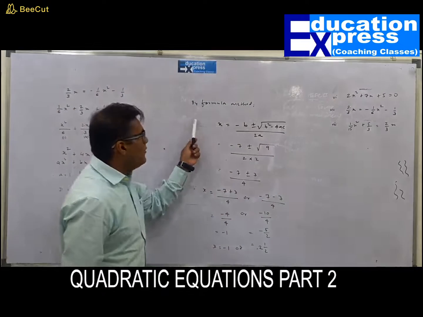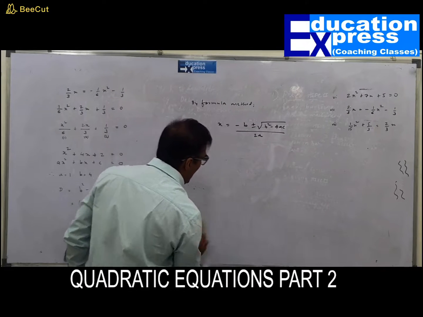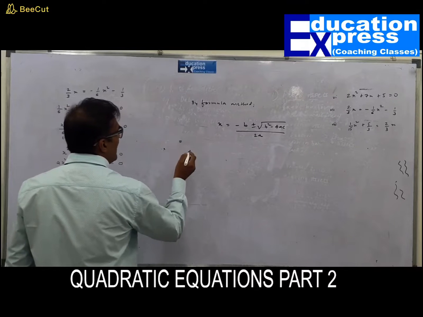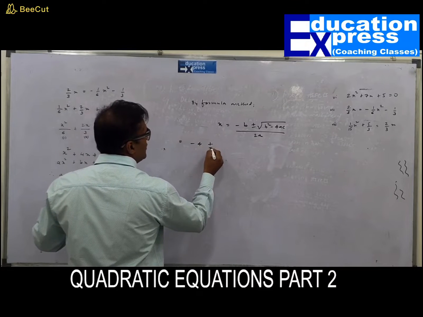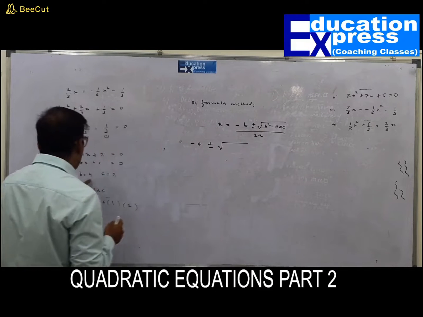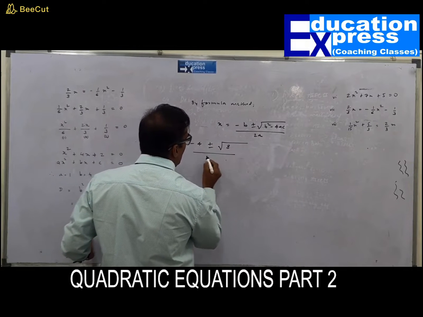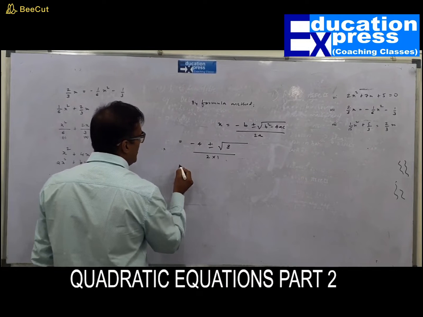By using the formula, I will be able to find out the value of x, that is the root of the quadratic equation. Let us substitute the values. Minus b, so minus 4, plus or minus square root of b square minus 4ac, that is 8, the whole upon 2 multiplied by value of a, which is 1.